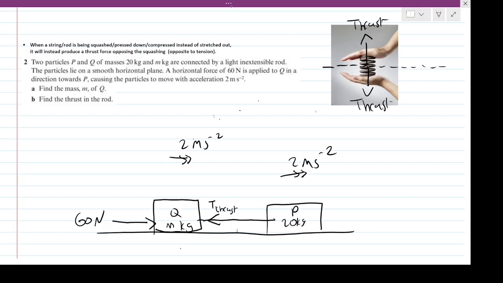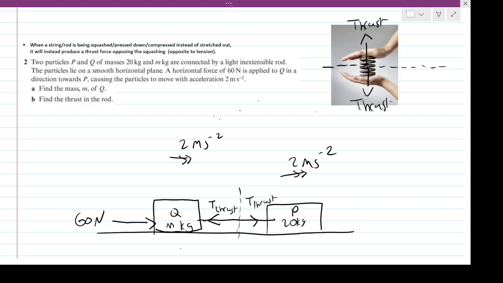And it's going to be the same the other way. So T is going to go that way as well. So the thrust is going to be there as well. And that thrust is pushing P forward as well. So there we are. Okay, so that's the situation here.